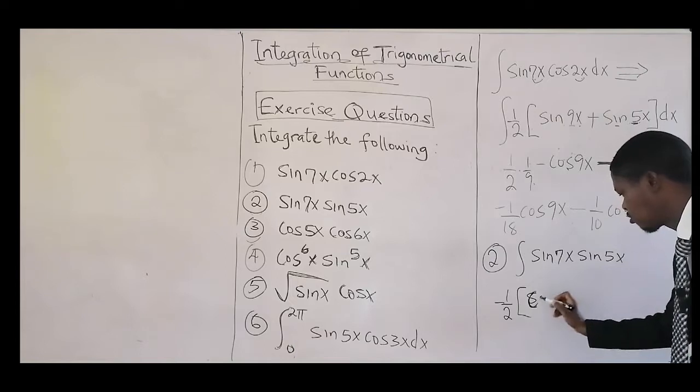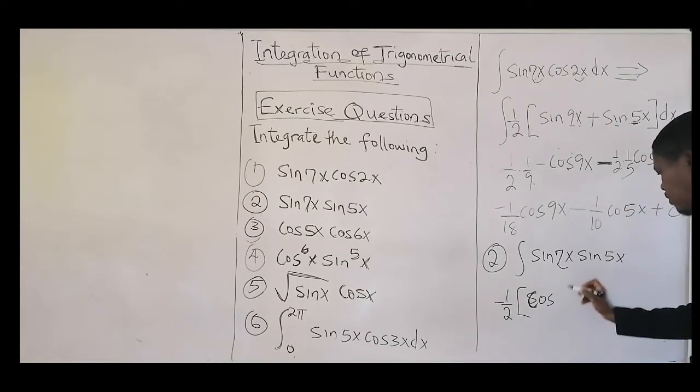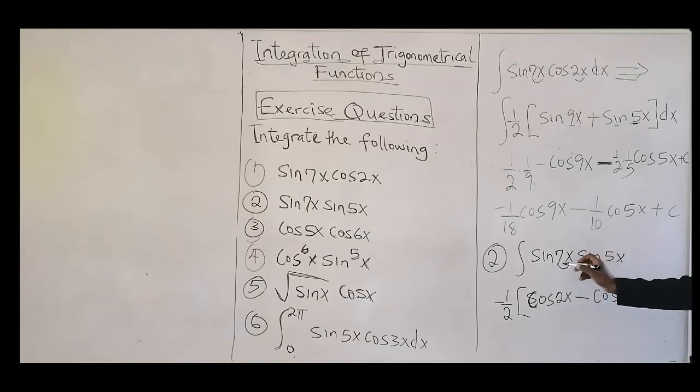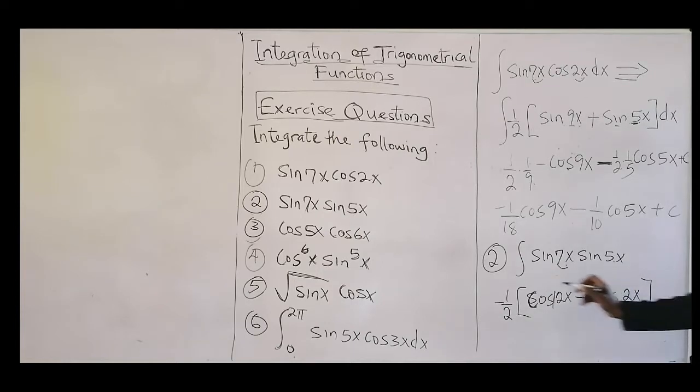The first one, if I'm using minus, will be cos of 7x plus 5x, that's 12x. Then the next one, 7x minus 5x, that's 2x. Then you could use your integral to that.